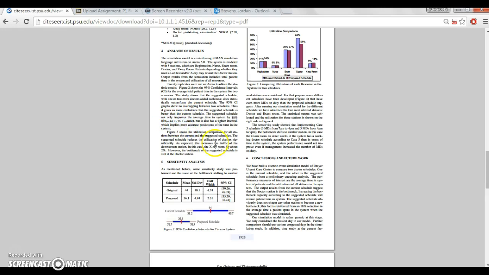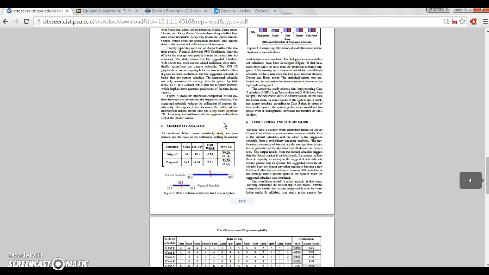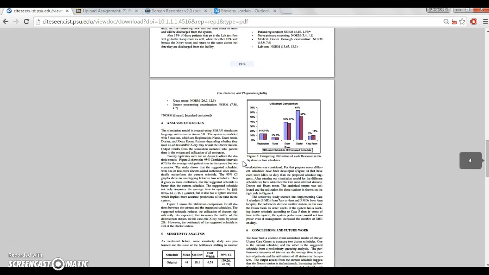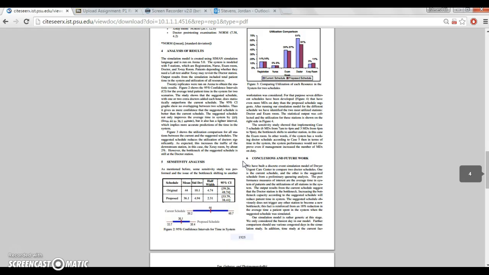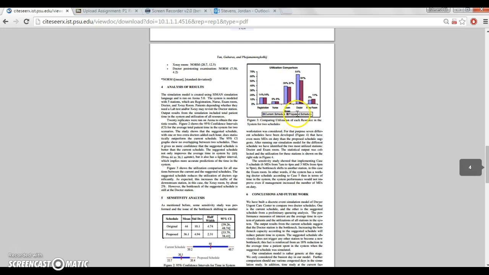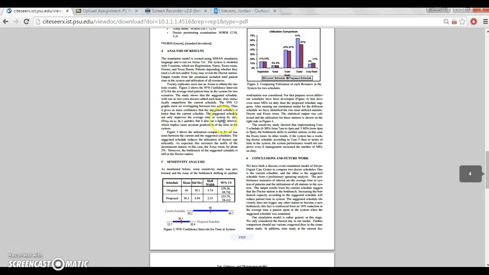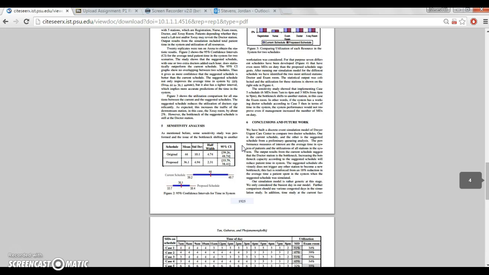They also show how they went into normal distribution when I went into exponential distribution. They then show the differences between the current schedule and proposed schedule. See how the utilization drops here by 13% for the doctor, which is what they want, because the doctor is the bottleneck of the system, which would decrease the average time in system.